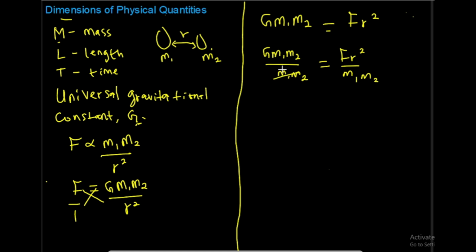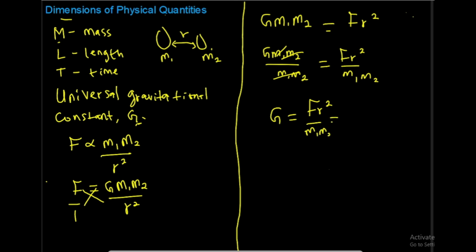Remember, our goal here is to make G the subject of the formula, so that it would be like all the previous ones we've been solving, where the physical quantity whose dimension we're looking for was always the subject of the formula. So we have G equals F r squared over m1 m2. At this point, we can substitute the dimensions.